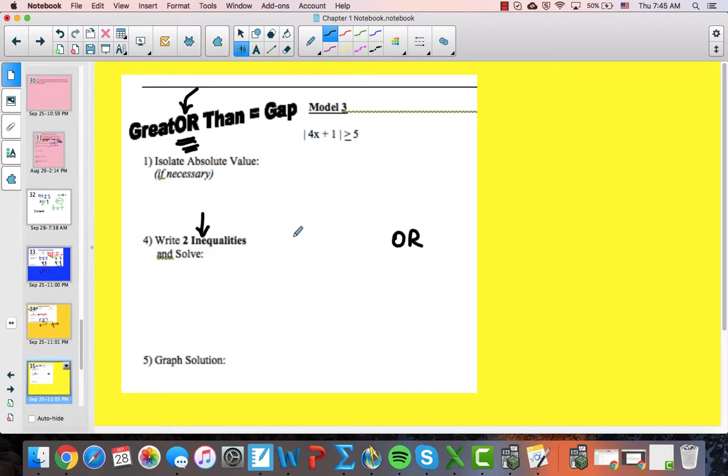So first, we write our first inequality exactly as it's written, never changing what's in the bars. Then we write the word or. All right, now this is the tricky part. We take exactly what's in the bars, we never change that, but then we change the direction of the inequality symbol and we change the sign of the number. So we keep, change, change. Keep, change, change. All right, and then we solve them.